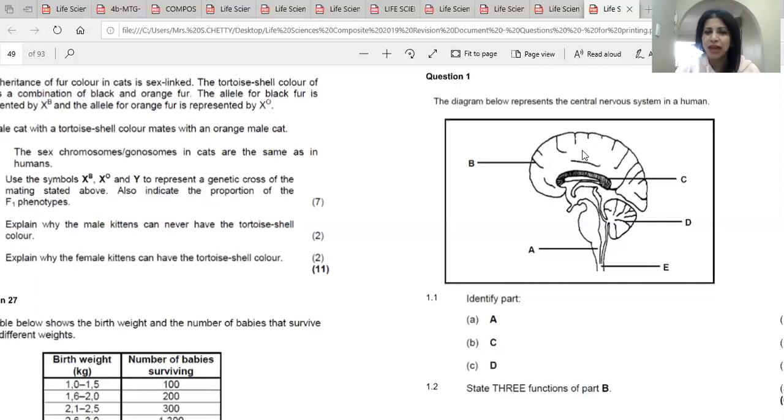It is controlled by my cerebrum, walking, cerebrum. So all voluntary actions are actions that you can control with your will. For example, walking from your classroom to another classroom, your cerebrum would be controlling that movement, the voluntary action.